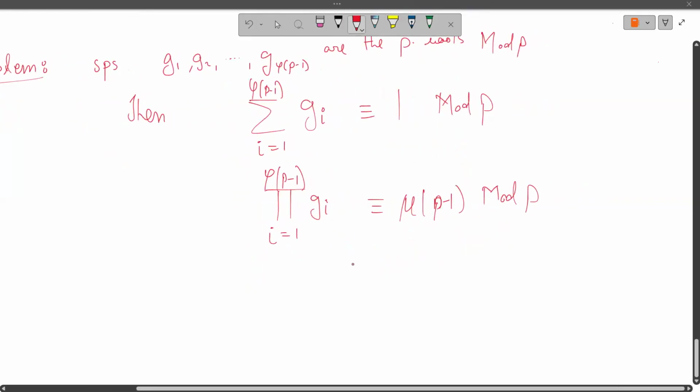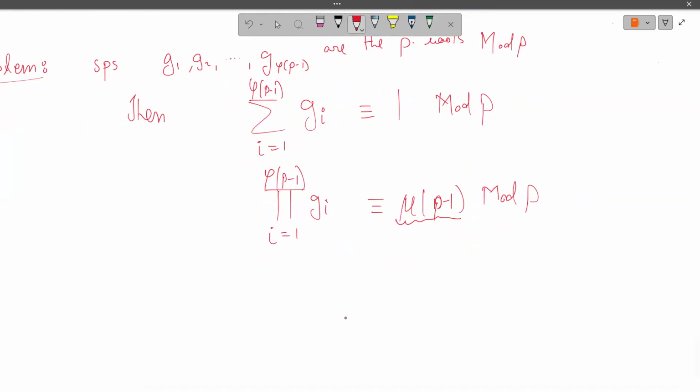Either way. Does everyone know what the new function is? The mu function, sorry. Mu of n. Do you people know how it's defined? Good. Does everyone know how it's defined? Okay, sure. I'll just define that.